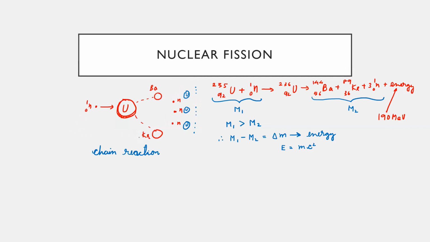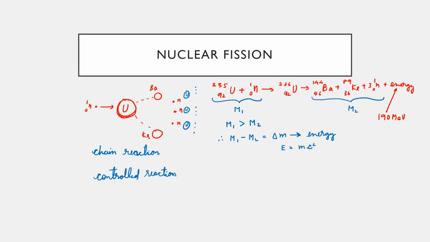Okay, so this is not ideal, and that is the reason why in a nuclear reactor what we have is called a controlled reaction. In a controlled reaction, there are certain rods of material which absorb the neutrons.